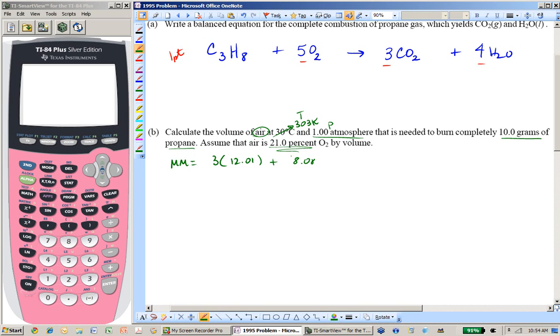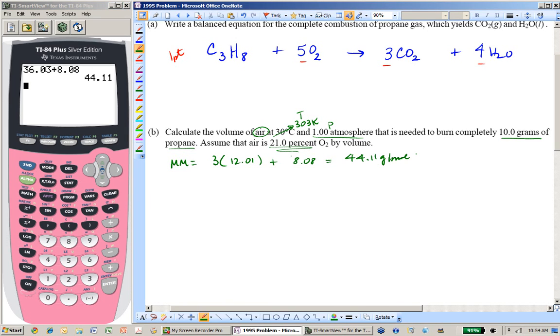I can do that in my head, 8.08, and add this together. Well, I can do the first part in my head too: 36.03 plus 8.08. And I know you could probably do that part in your head too: 44.11 grams per mole.